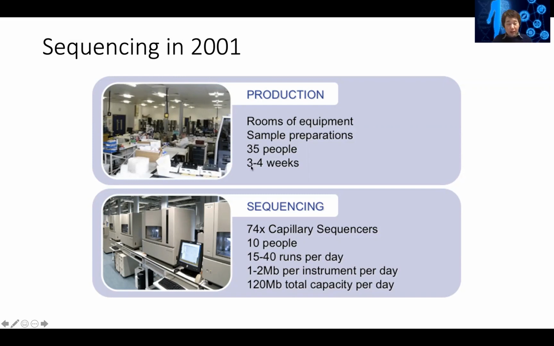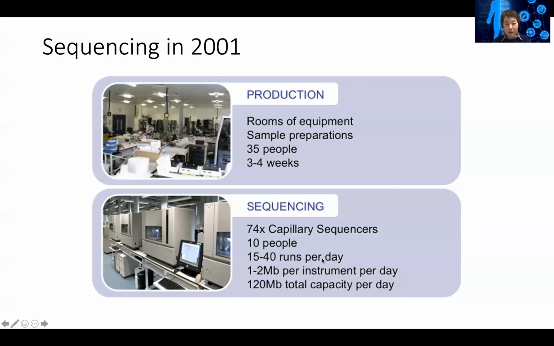In 3 to 4 weeks, they would be able to prepare enough samples to be put onto the sequencing machine. Then there is another room, also very big, with 74 of these capillary sequencers. And this is the sequencer that I was using when I was in college.